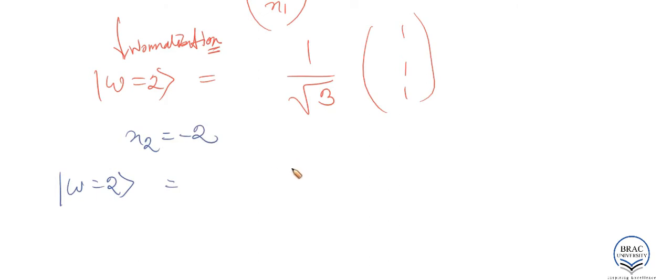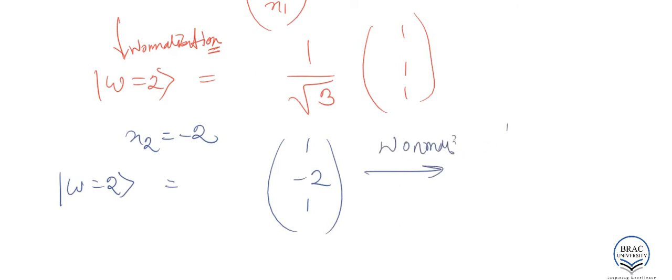So this will be now 1, -2 and 1. And if you normalize it, you will have 1 upon square root of 6, and this will be 1, -2, 1.